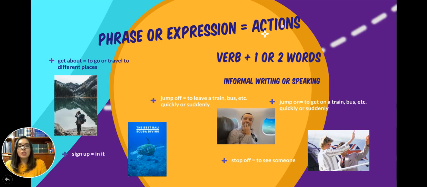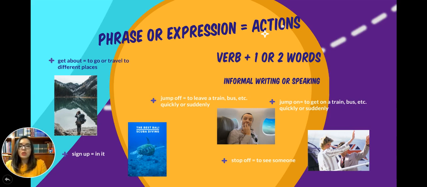Remember that in English we have the register, and the register is the form or the way in which we could write or speak. And in the register we have three ways: formal, informal, and neutral. But the phrasal verbs we are going to use in informal writing or speaking.